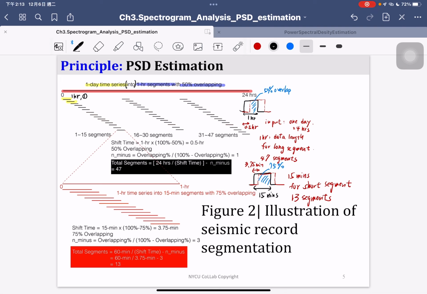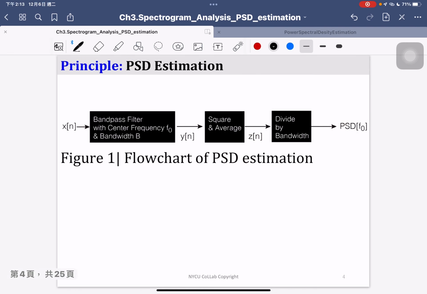For each of these segments, I can compute the average values after I compute the power spectrum. And finally, I divide by the frequency bandwidth, and I get the density.